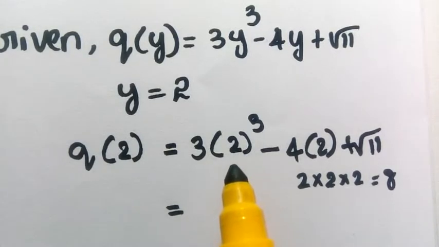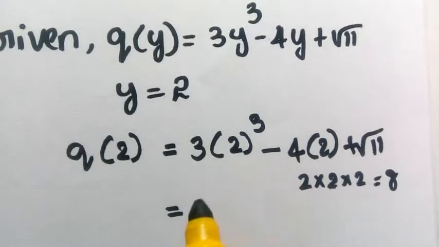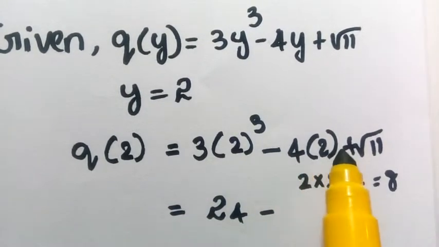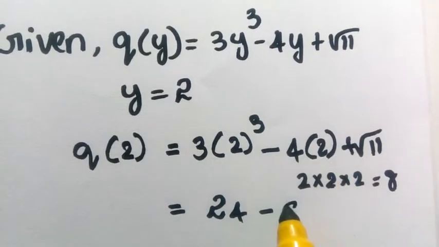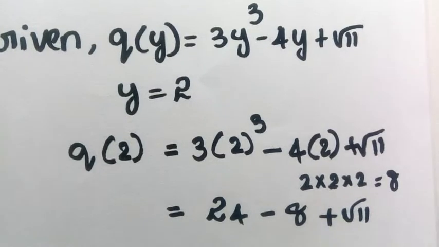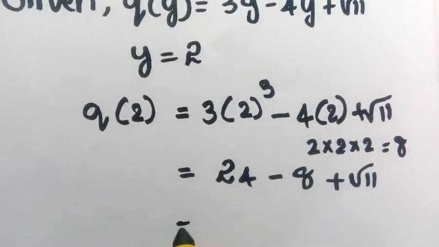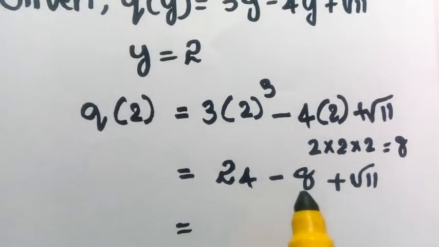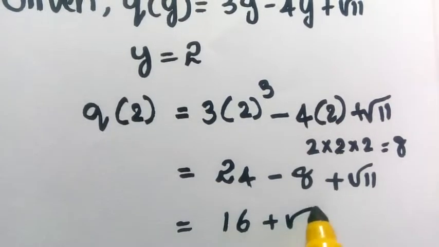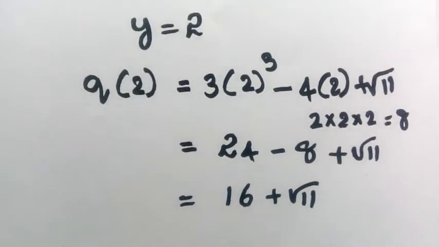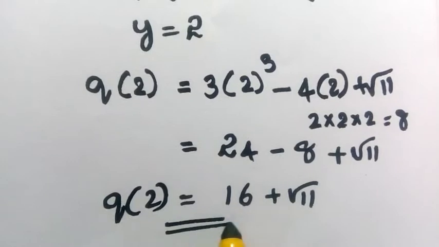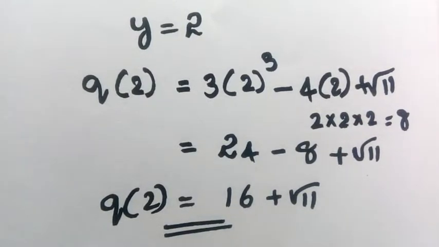What is 3 into 8? 3 8s are 24. Minus 4 into 2. 4 2s are 8. Plus root 11 is equal to 24 minus 8 is 16 plus root 11. So now we got the value of q of 2. Q of 2 is equal to 16 plus root 11.